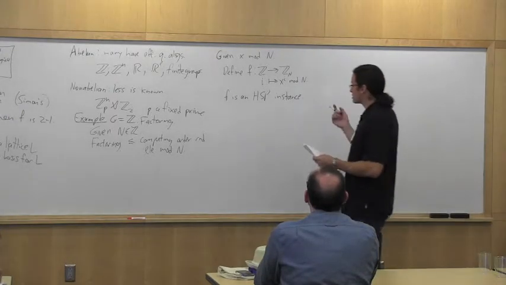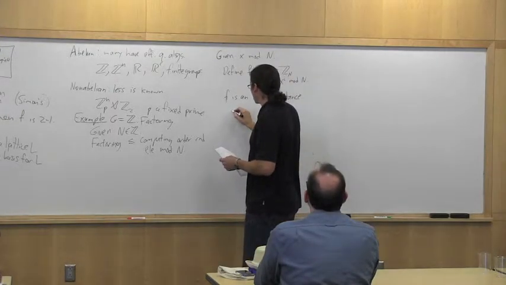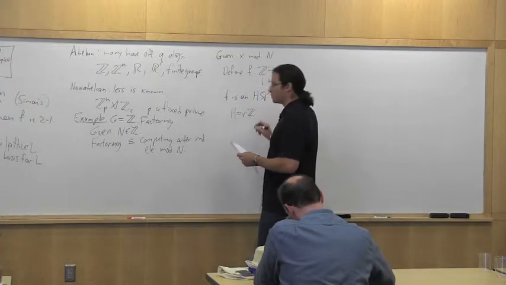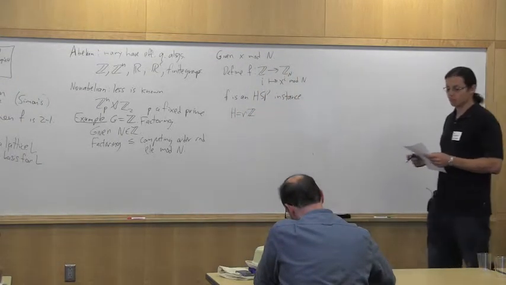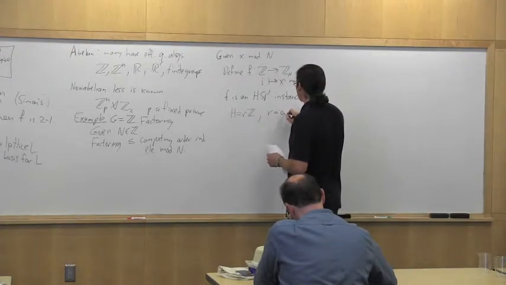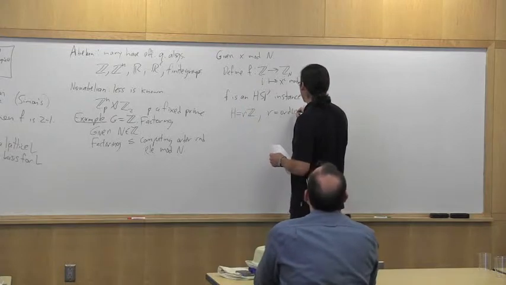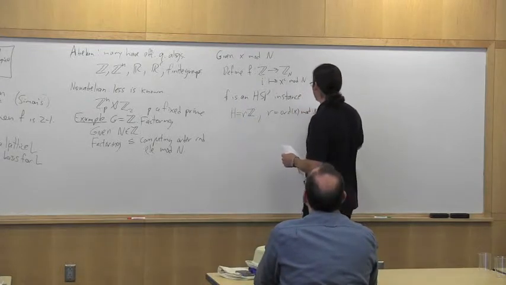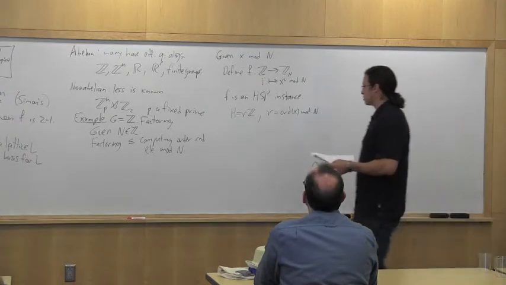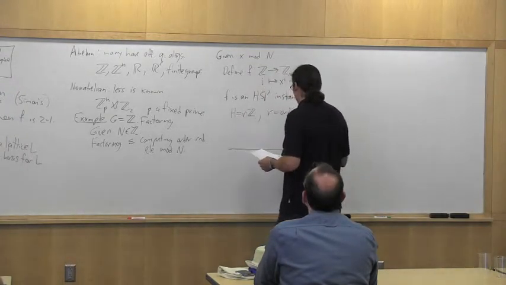In this case, the subgroup is going to be, if the order is r, multiples of r. So this is the order of x mod n. And you can think about what the function looks like when you plot it.